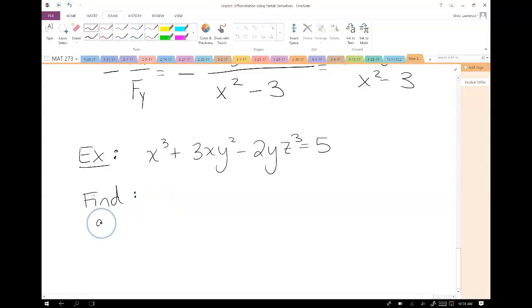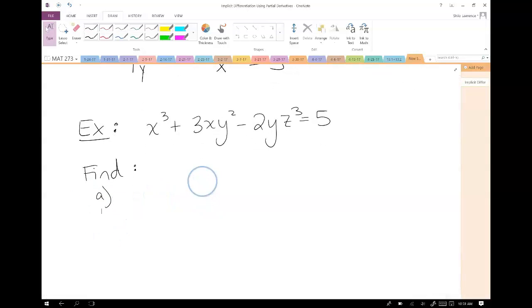The first one we are going to find is, since this is a function of several variables, these are going to be partial derivatives. I'm going to find the partial derivative of x with respect to z. And I can do that if I negate it and flip it.